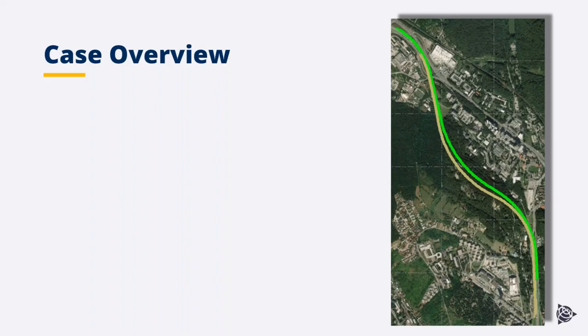We took this case as an example. On the right side, you see a screenshot of the location of the data. The environment where the data was collected includes two tunnels, two different tunnel pipes, and it was collected forward and backwards.